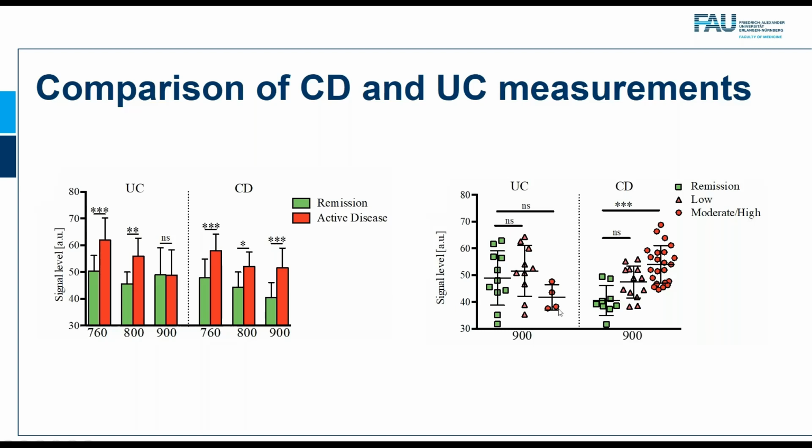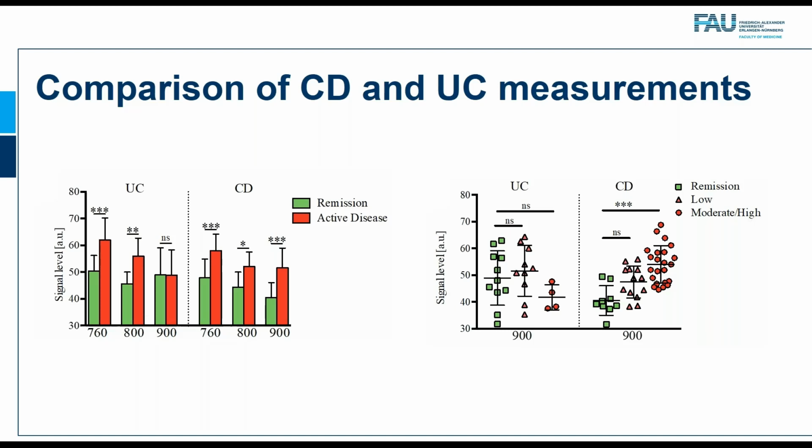You can see this also here, that in Crohn's disease, there's a continuous increase for values measured at 900 nanometers from remission to low and moderate or high disease activity, and this is not the case in ulcerative colitis. So first of all, we needed to learn that there are really disease-specific differences for these parameters that we evaluated.